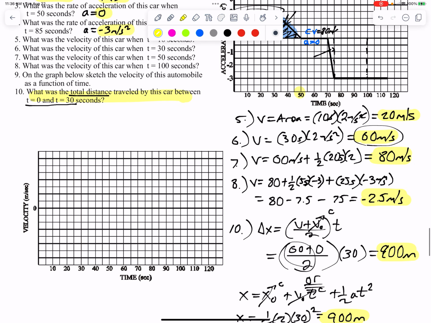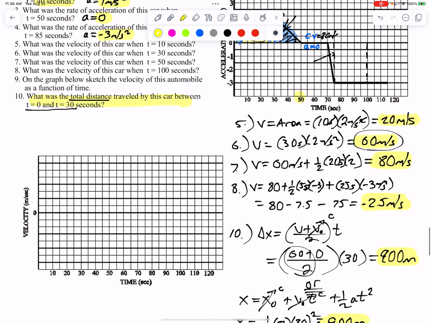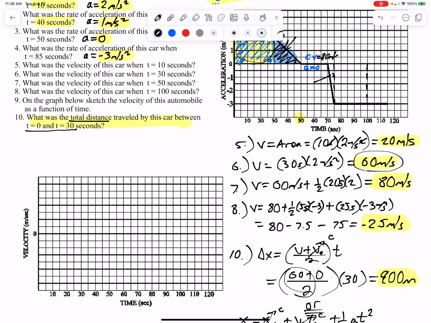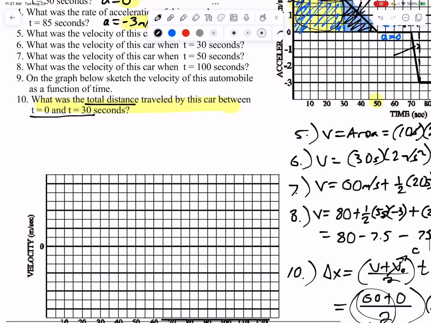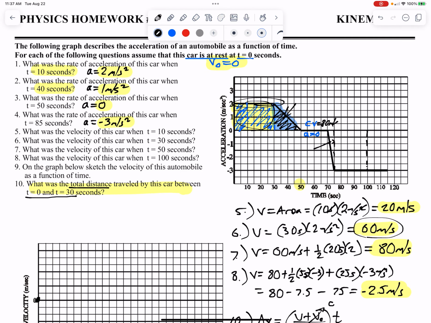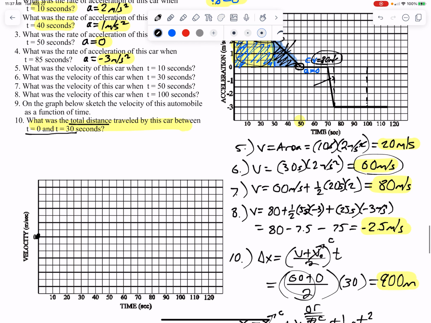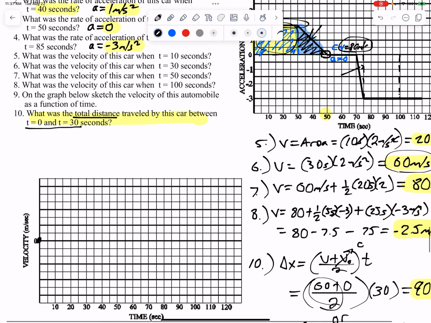All right, now we got to plot some velocities here. What we're starting with is a velocity at 0. So we're going to plot points, then we'll connect these dots. I'm going to start with a dot right here at 0. And at 50 seconds, I've built up to 80 meters per second. So we're going to go to about 50 seconds.